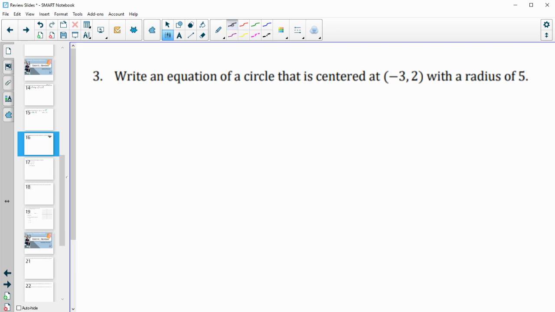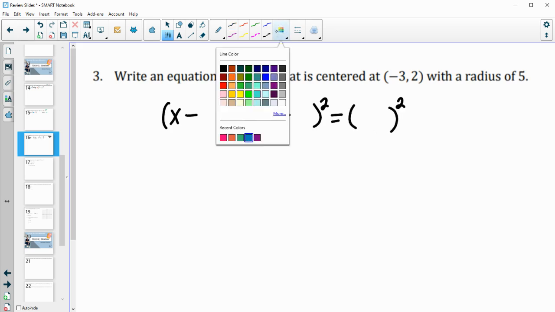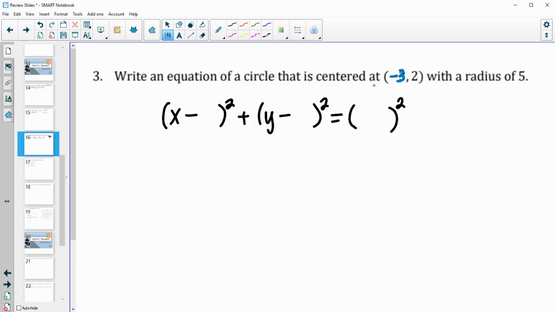Number 3, write the equation of the circle. So let me get this written out. So (x - x coordinate)² + (y - y coordinate)² = radius squared. So remember that we'll take this x coordinate of the center, has to be of the center, and plug it in here. So x minus -3 squared, and then y minus the 2.